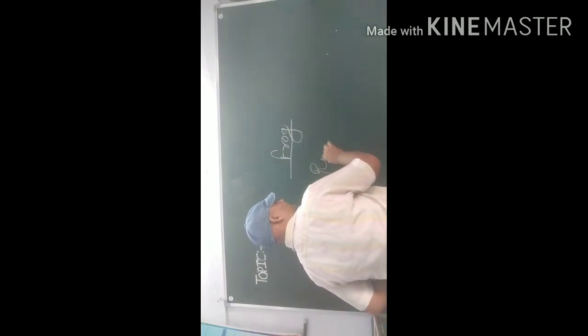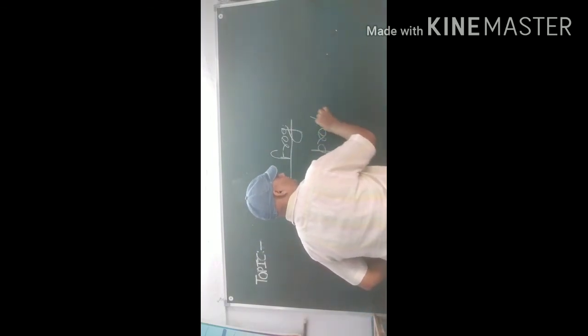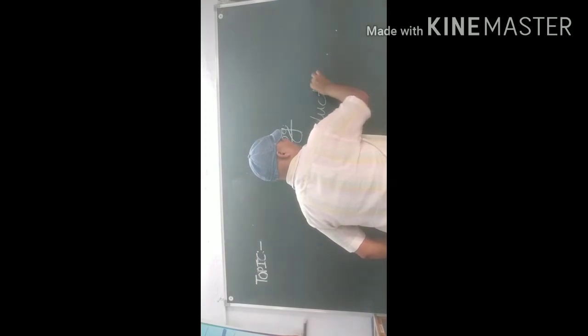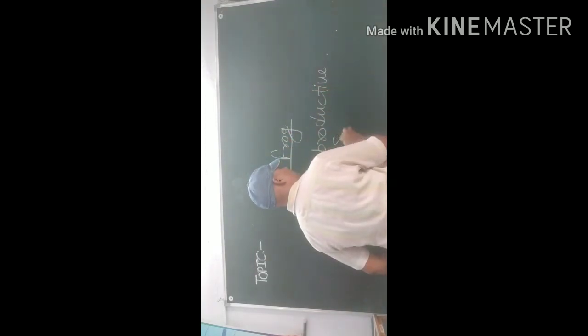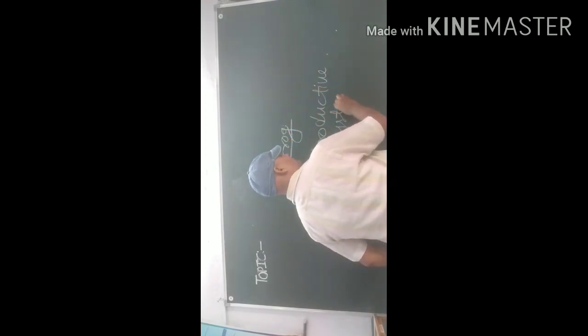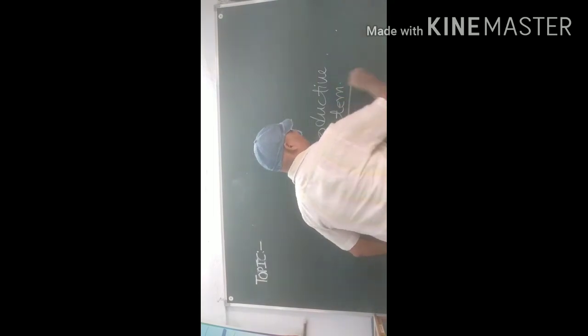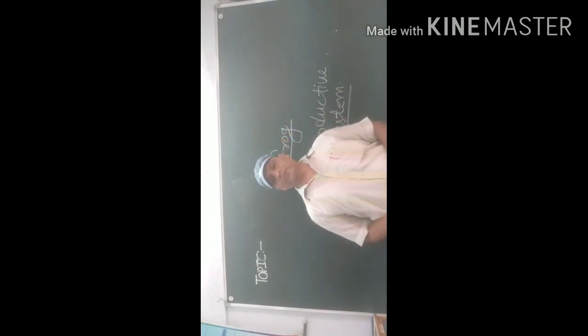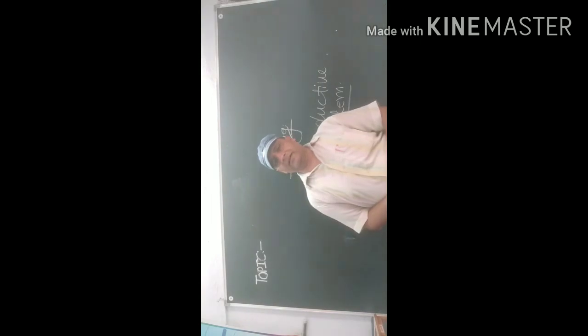Reproductive system. The reproductive system is composed of different reproductive organs. Males and females are found in different morphologies.